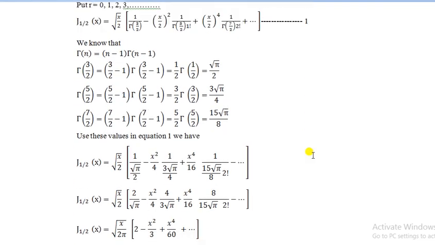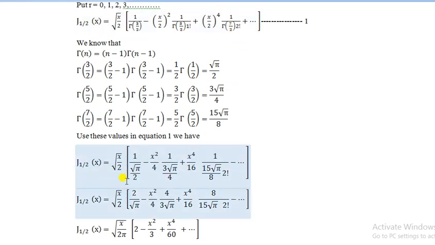So equation 1 becomes J half of x equal to square root of x by 2 times: 1 by gamma of 3 by 2, which is square root of pi by 2, minus x by 2 whole squared, meaning x squared by 4, times 1 divided by gamma of 5 by 2, which is 3 square root of pi by 4, plus x by 2 raised to 4, meaning x raised to 4 divided by 16, into 1 divided by gamma of 7 by 2, which is 15 square root of pi by 8, into 2 factorial.